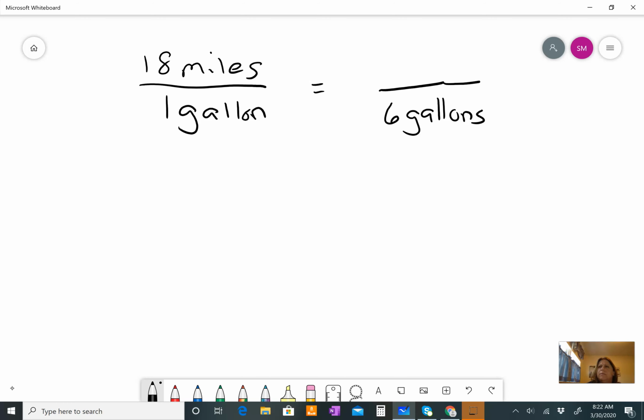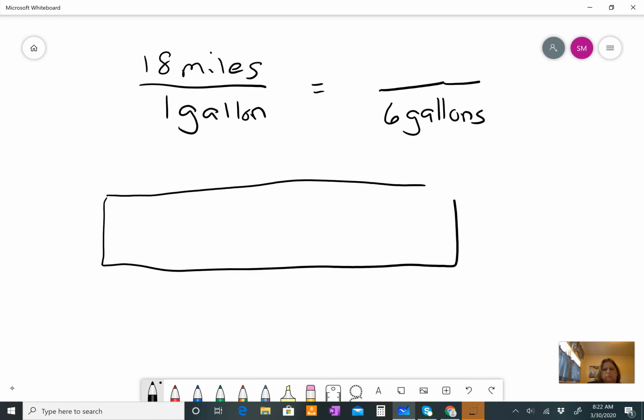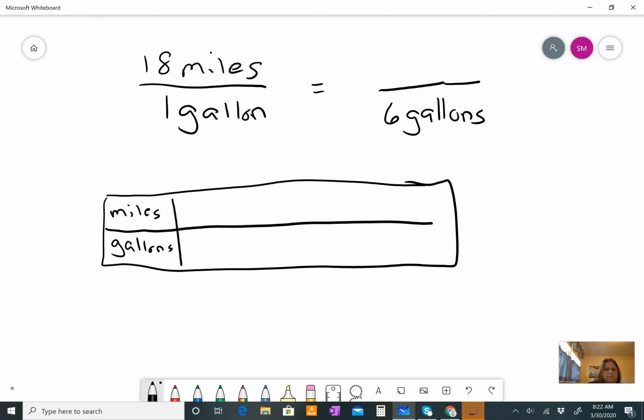So this one here might be helpful to use the table, all right? So we'll make a little table. All right, we have miles, and we have gallons. All right, so I know I have 18 per 1.